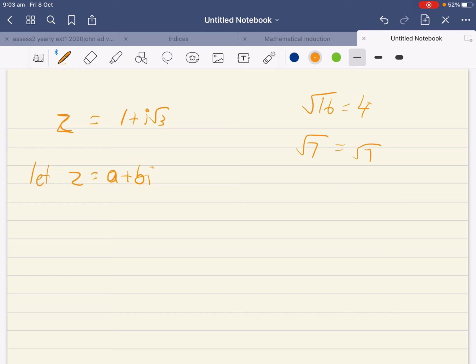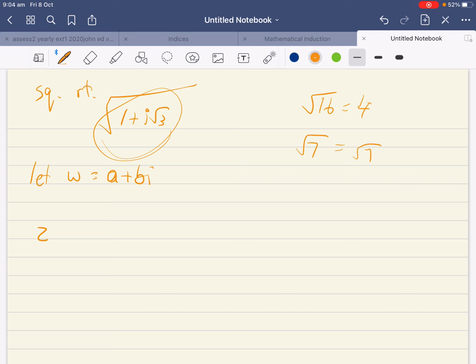Okay, so we're trying to find the square root of this number here, right? So let's say you've been asked to find the square root of this number here. Well, we'll let the square root be, well, I guess Z, but here I'm sort of moving away from it. Let's call it W. Let's say W is the square root of this.